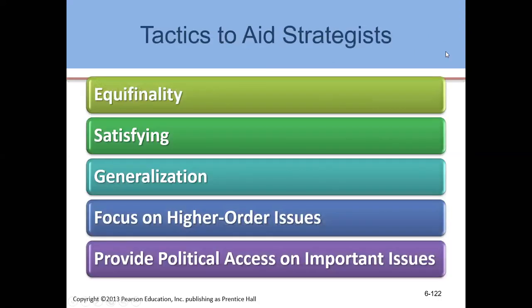Now, there are different political tactics which aid strategists. Those tactics are equifinality, satisficing, generalization, focus on higher order issues, and provide political access on important issues. Let me discuss these tactics adopted by the strategists one by one.